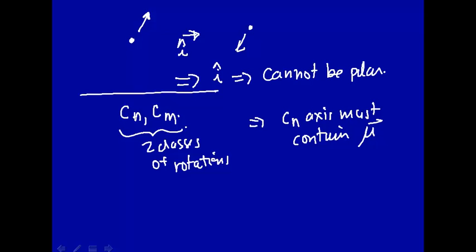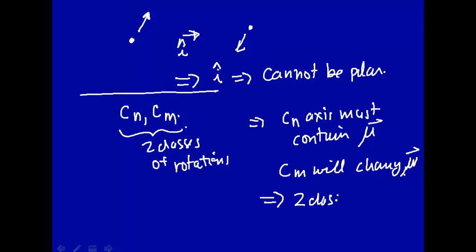But if the Cn axis contains it, and then you operate with the Cm rotation, which is different from the Cn, that means that the dipole moment will change. So Cm will change the direction of the dipole moment. So this implies that you cannot have two classes of rotation.